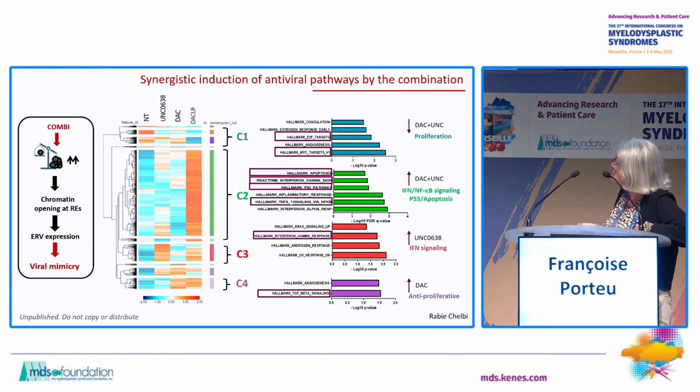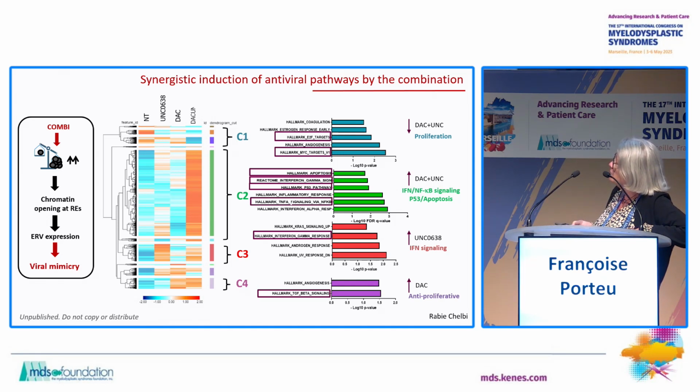Now, looking at gene expression, this is also the same case in the presence of the combination. The most tremendous amounts of genes are upregulated in the combination of inhibitors only, while few are regulated by decitabine or G9A/GLP inhibitor alone.